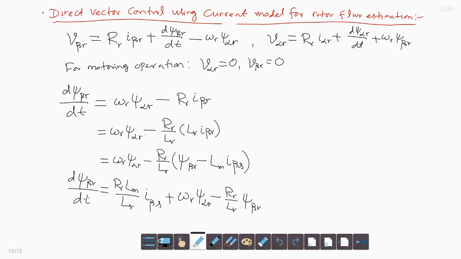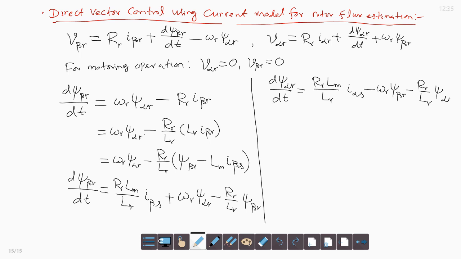Similarly, from the V alpha equation, we can write d psi alpha R by dt is R L m by L R I alpha s minus omega R into psi beta R minus R by L R psi alpha R. Only the omega R speed related term will have a negative sign, because it is a 90 degree shift.